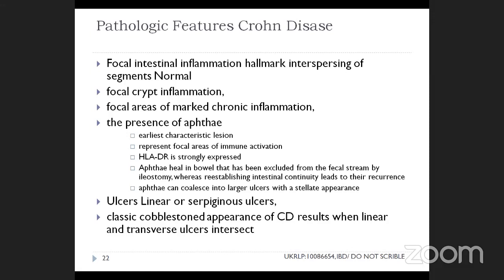The most important thing is that the presence of an aphtha is the earliest characteristic lesion of Crohn's disease, and it represents the area of immune activation. The surrounding halo of erythema is a classical feature of an aphthous ulcer.